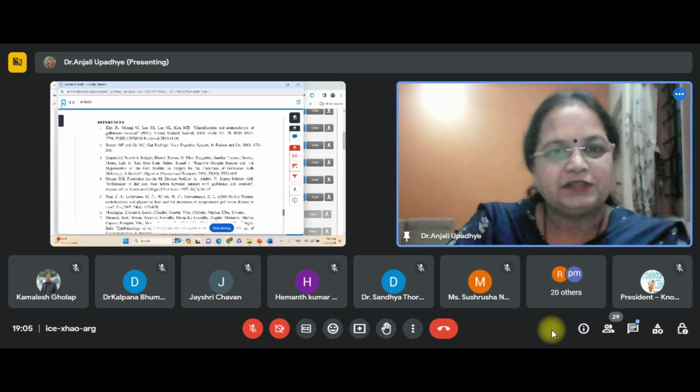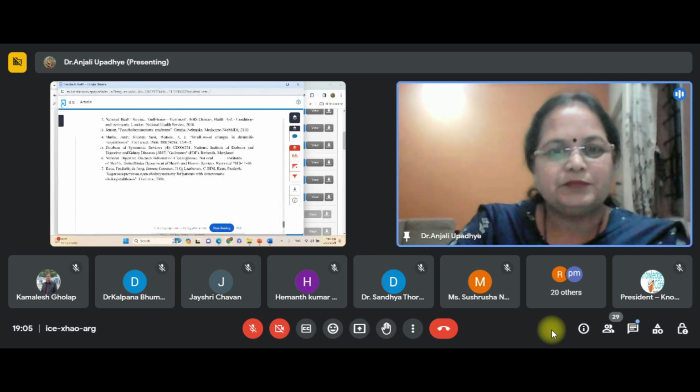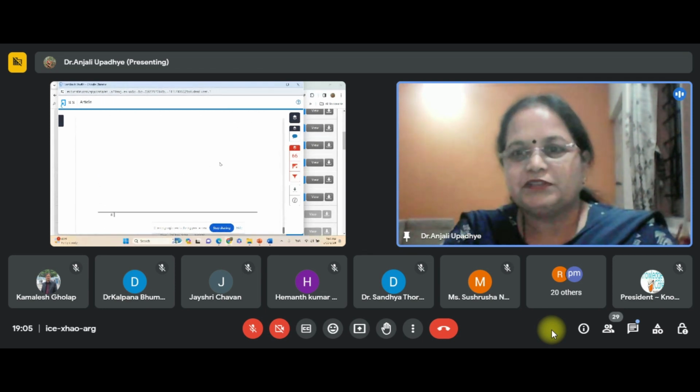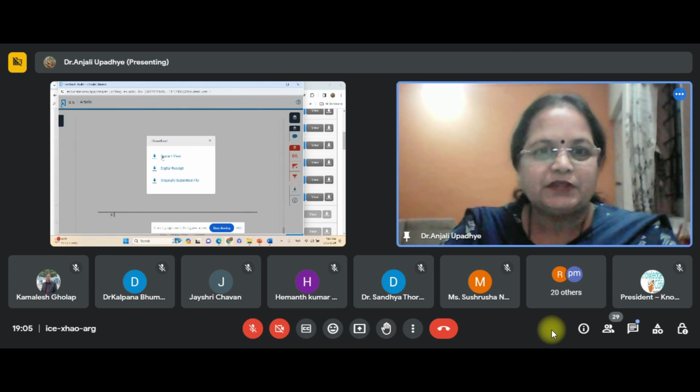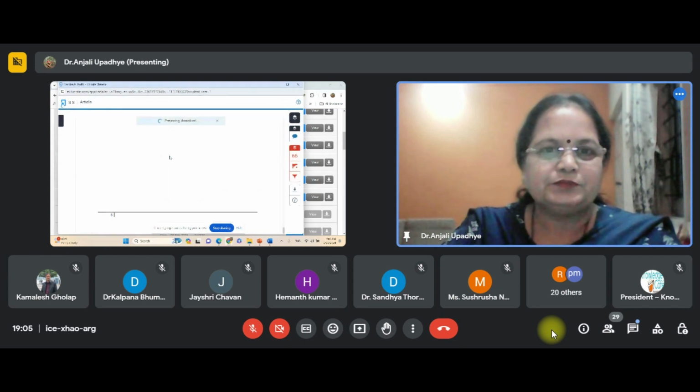You can see that this part of this particular article has been plagiarized. Now we will see the mark of it, for which we need to download this plagiarized article. So we go for the download. I show the current view.